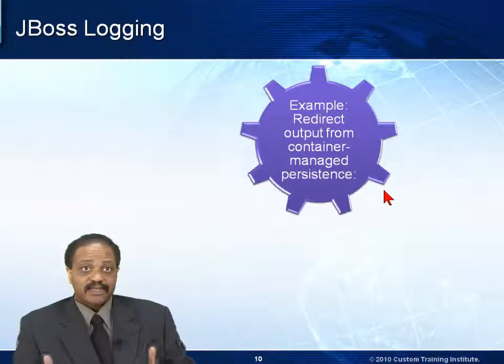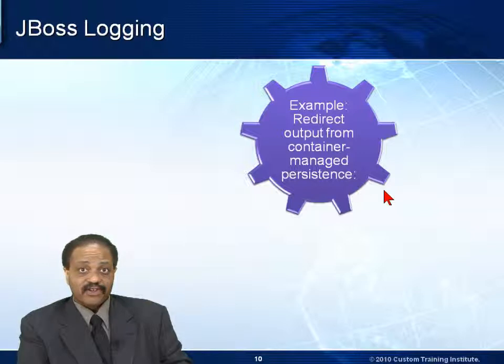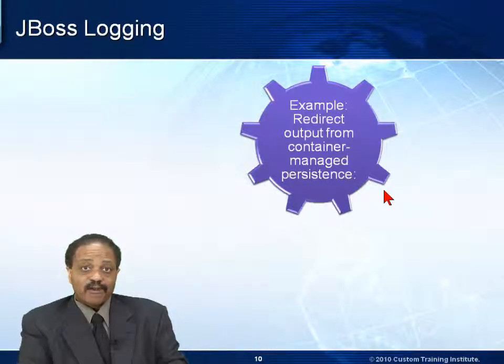To illustrate the way in which you can configure the log files, let's take a look at how we can use our logging information to redirect some of this output. We're going to redirect the output that's going to occur from container managed persistence.